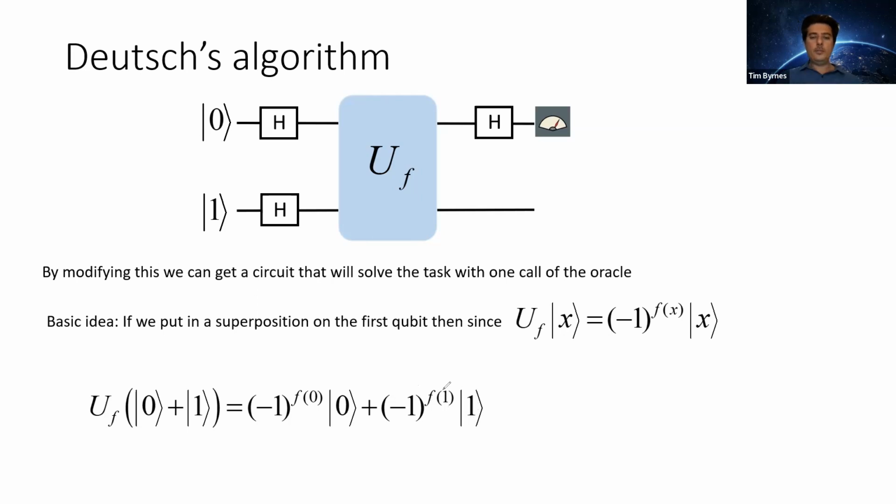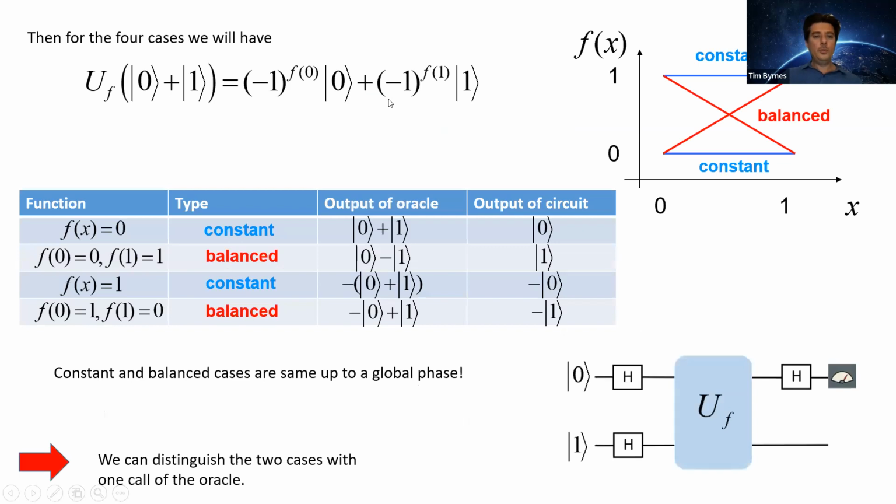If we break down what this will do, let's look at the four different cases of these four functions. Let's look at this first function, f(x) equals 0.